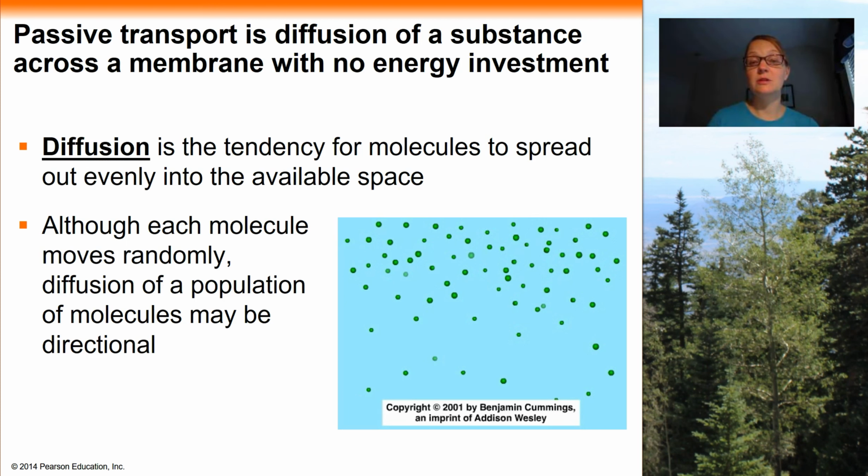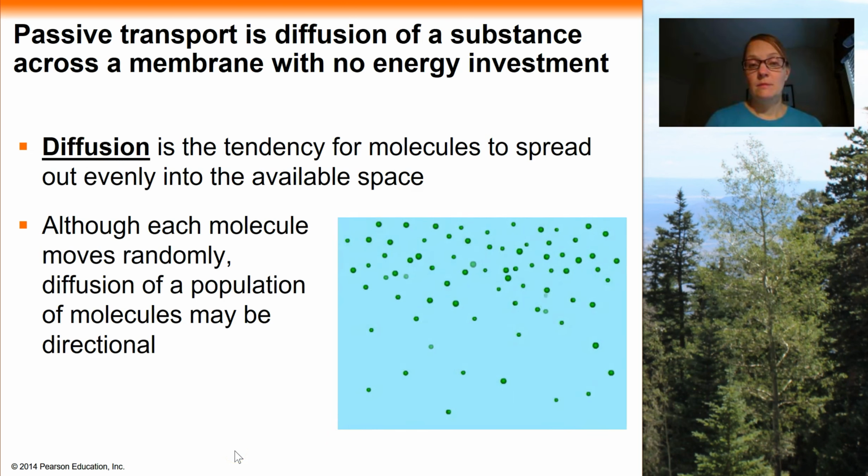If we let those molecules just hang out by random movement, because they have that thermal energy, that kinetic energy, and they're bouncing around, they're going to end up spreading themselves out within that blue box until their concentration is essentially even throughout that blue box. All right, so let's take a look at the animation.